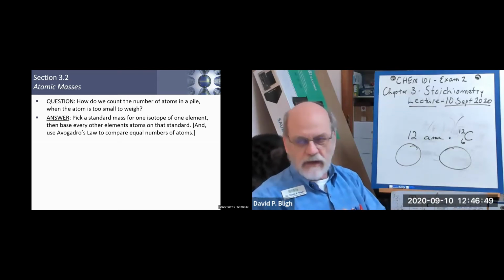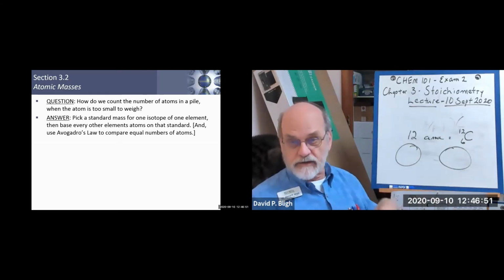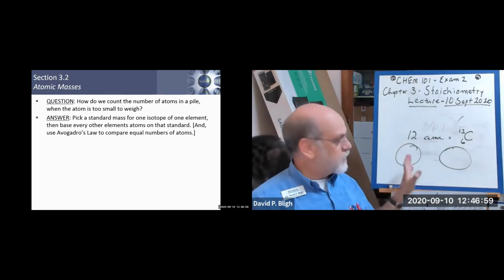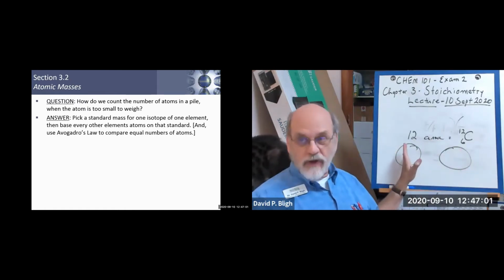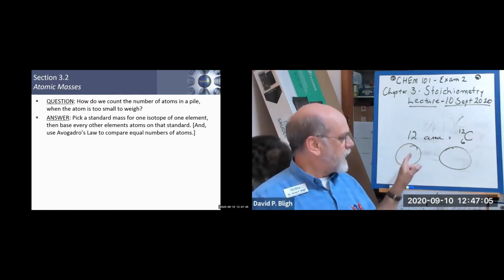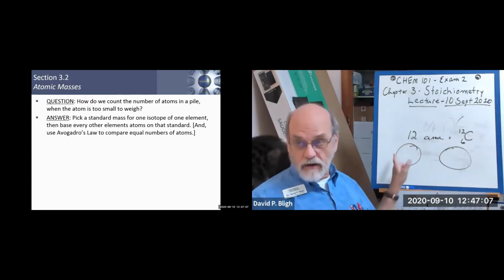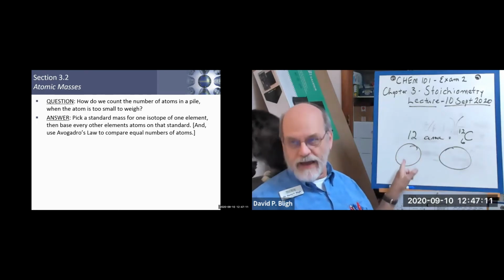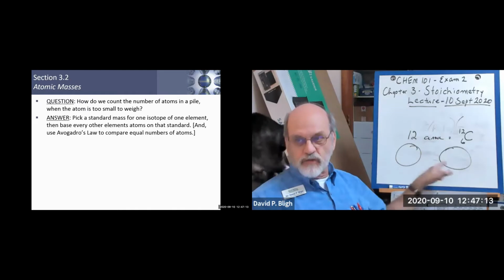So it's not an instant process, but over time we build up a body of knowledge that allows us to compare what we know to be exact numbers, same numbers of some element relative to carbon. Then we know that regardless of how many atoms are in each pile, we know the relative amounts of each one.